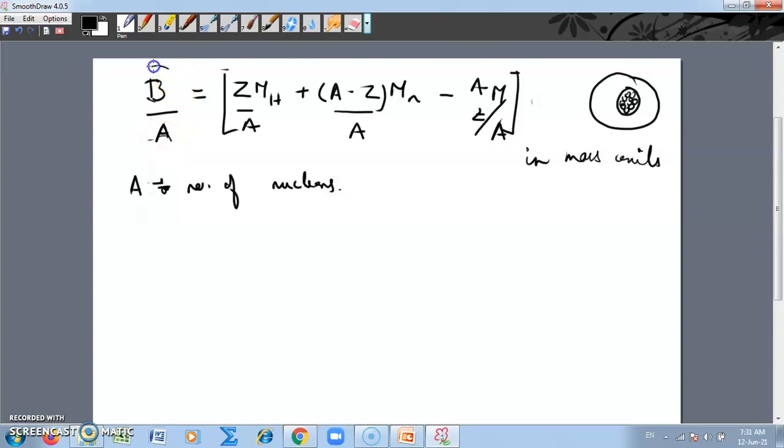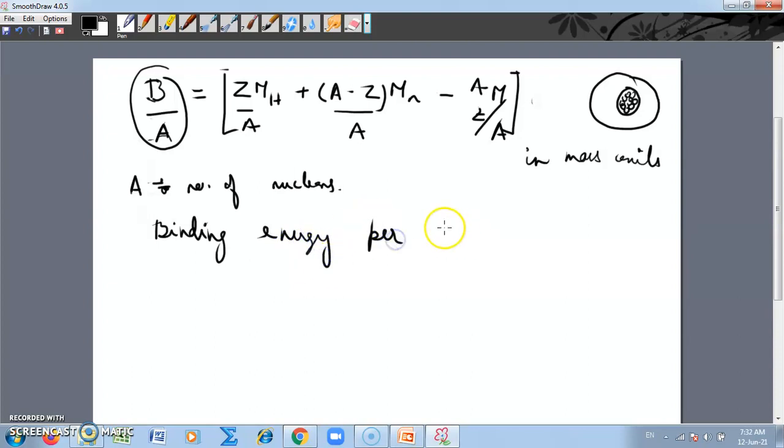So what would this be? This is called the binding energy per nucleon, and this is denoted by B bar. So what is B bar? B bar is nothing but B by A. It is the binding energy per nucleon.